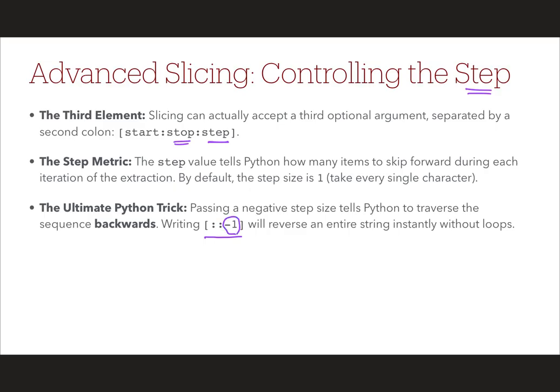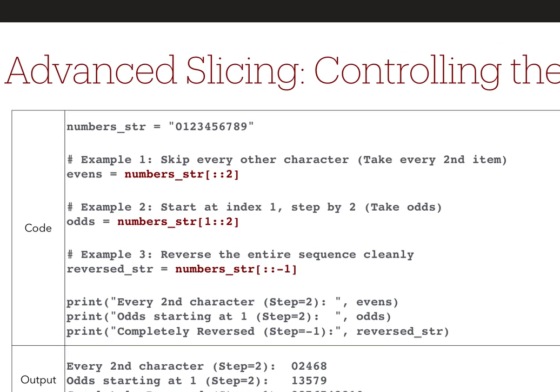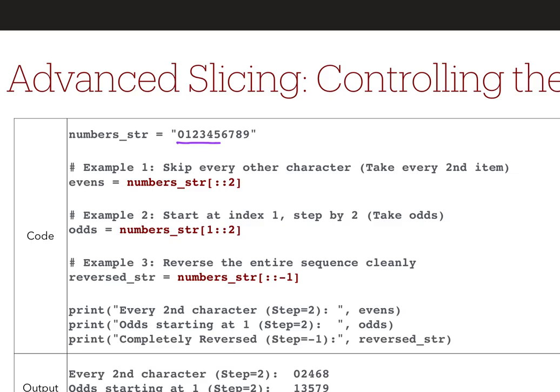That means I want to go from the last letter to the first one, and I want to go backward. That's what this notation implies. So here is some example. Suppose that I have this numeric string from 0 to 9.